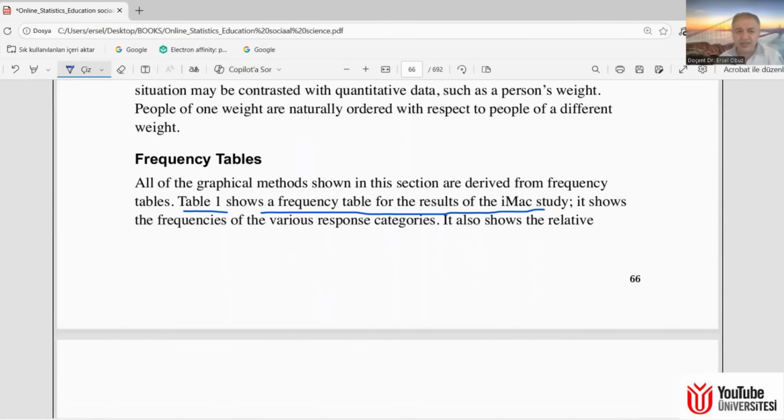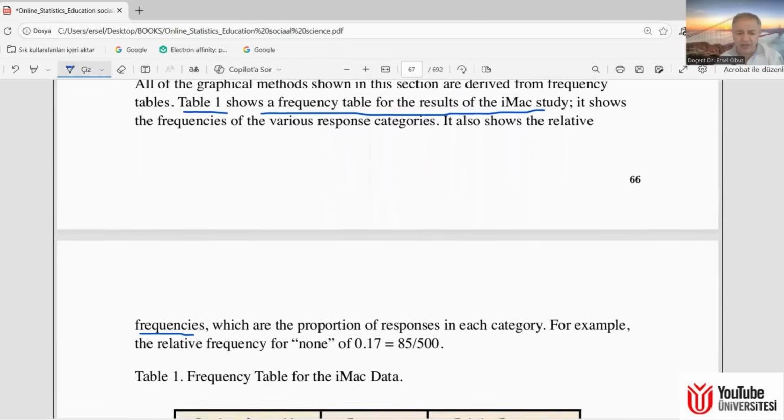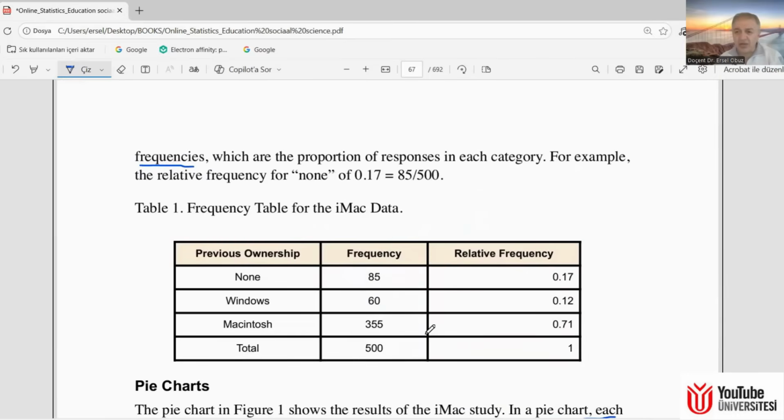When you look at the frequency table, which is shown in table 1, out of 500 people who purchased the iMac, 355 were previous Mac owners, which amounts to almost 70%. About 60 were Windows users, so 12%, and 17% didn't have any computer before. So this is the frequency table for this data set.